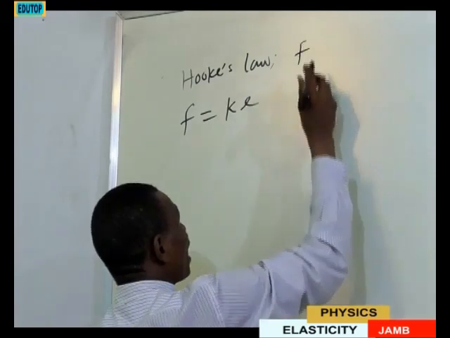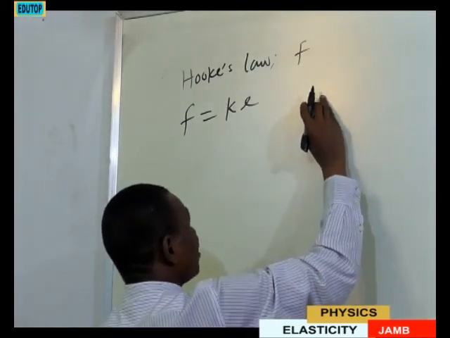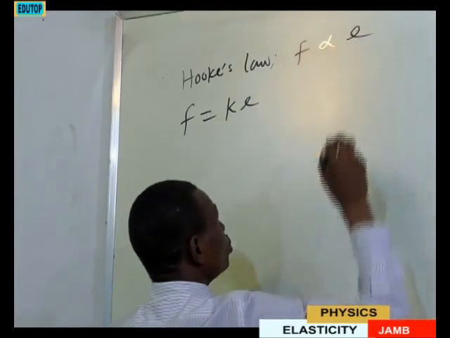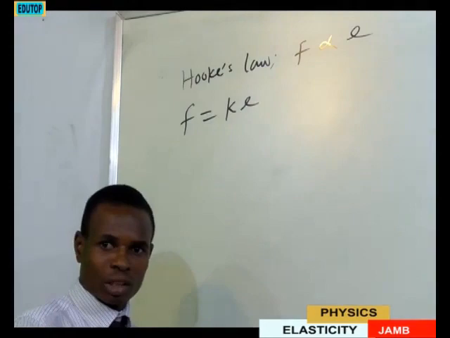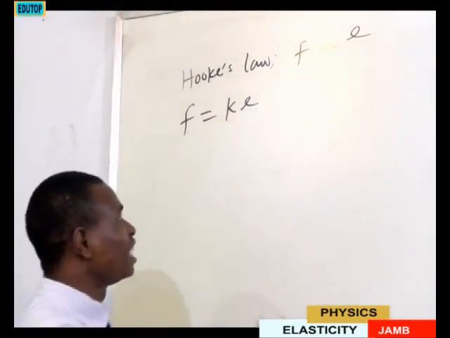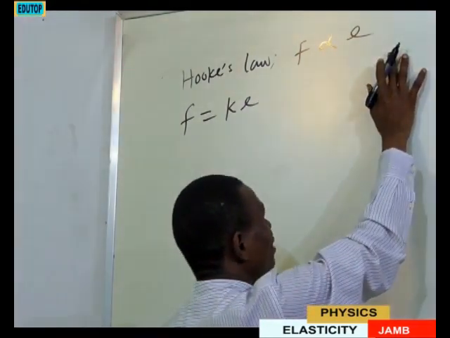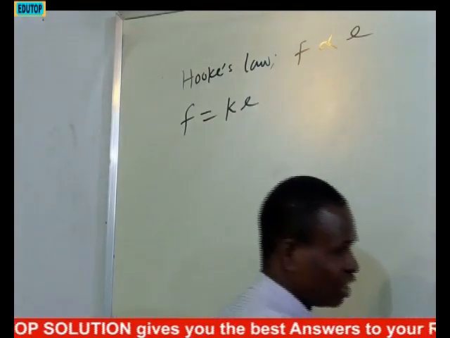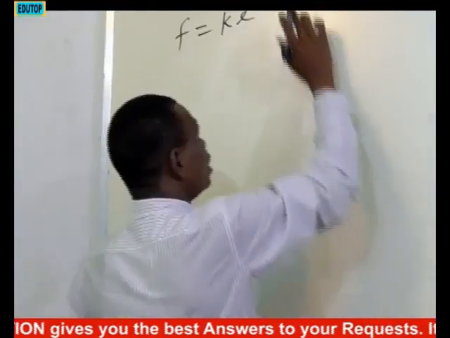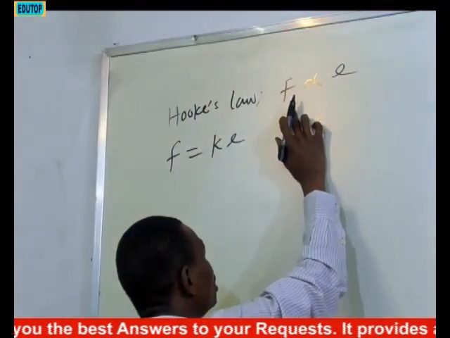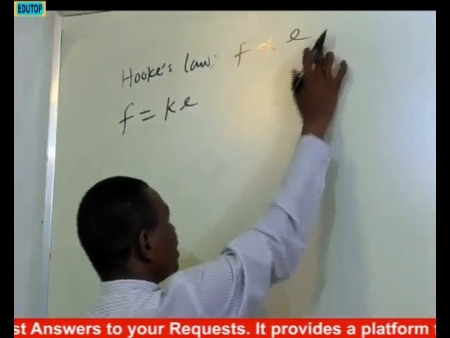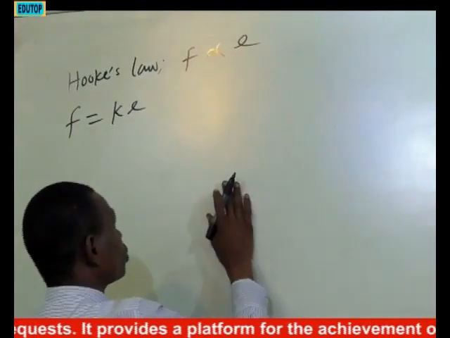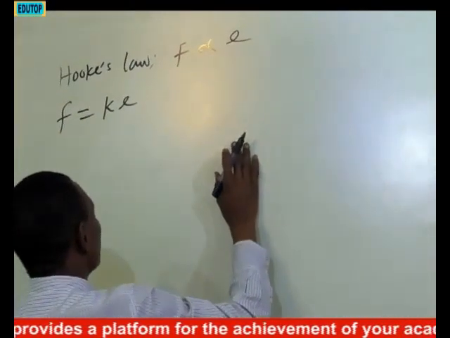The force applied on an elastic material is directly proportional to the extension produced, provided the elastic limit of the material is not exceeded. That is Hooke's law. This is the force you apply, and this is the extension produced by the material through the application of the force.